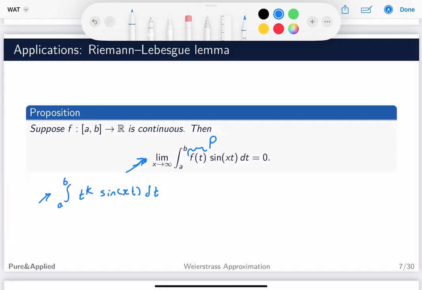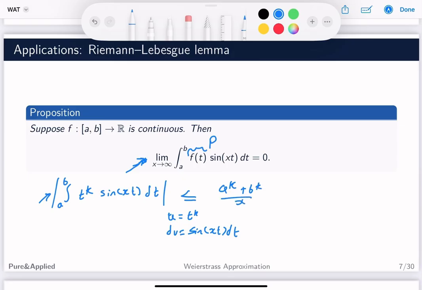If you integrate by parts, taking u to be t to the k and dv to be sine xt dt, and upper bound the trigonometric functions by 1, you get something like a to the k plus b to the k over x.